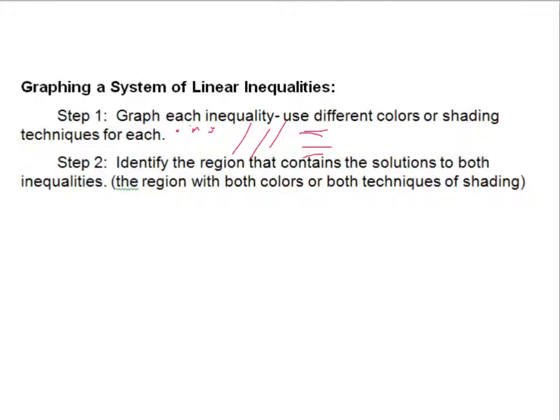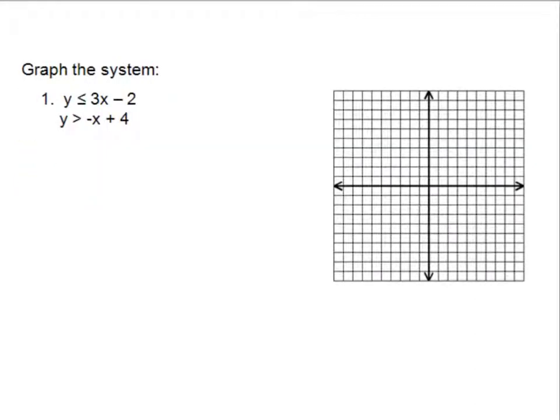Step 2, identify the region that contains the solutions to both inequalities, which is the region that contains both colors or both techniques of shading, however you choose to show your solutions. Let's go over some examples.